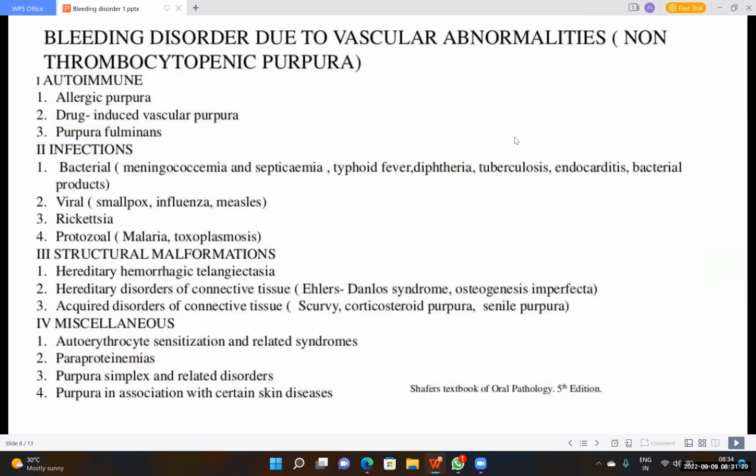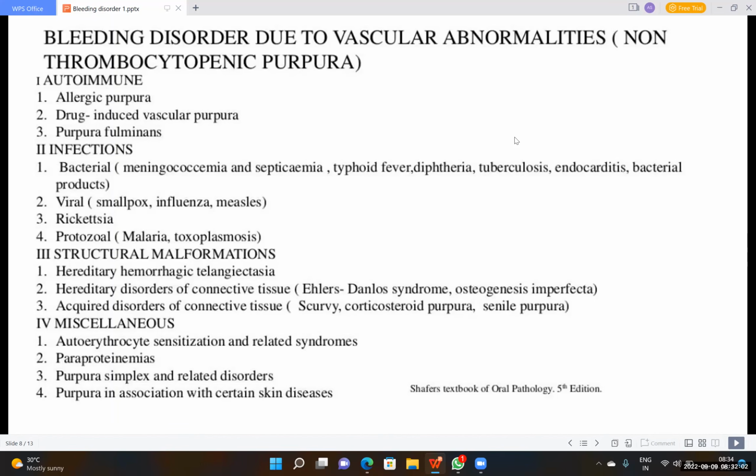Bleeding disorders can be classified as autoimmune, due to infection, structural malformations, and certain other causes. Autoimmune can be allergic purpura, drug-induced purpura, purpura fulminans. Infectious could be due to septicemia, typhoid fever, diphtheria, tuberculosis, meningococcemia, smallpox, influenza, measles. These can be the cause of bleeding disorders.